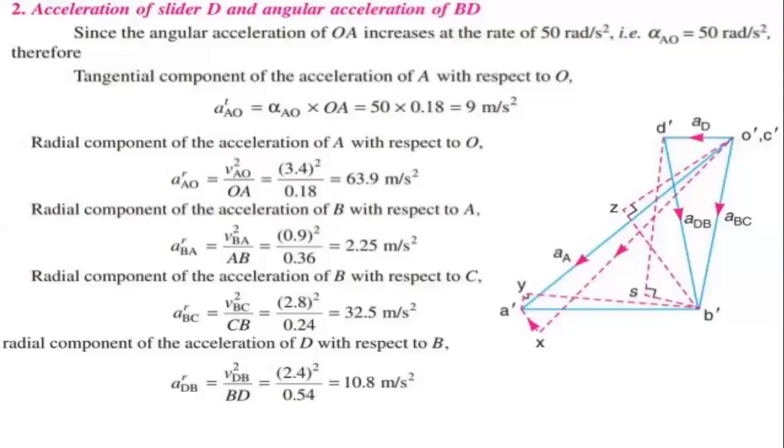In the same way, derive the remaining radial components of acceleration, that is r of BA, the radial component of acceleration of B with respect to A, the radial component of acceleration of B with respect to C, and the radial component of the acceleration of D with respect to B. These are the three values you have to find out.